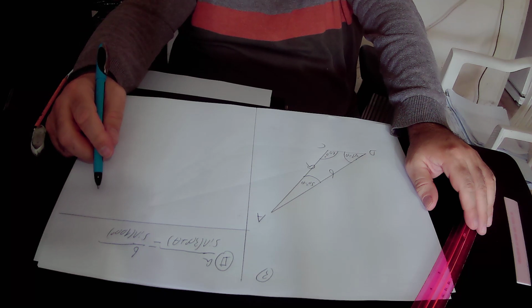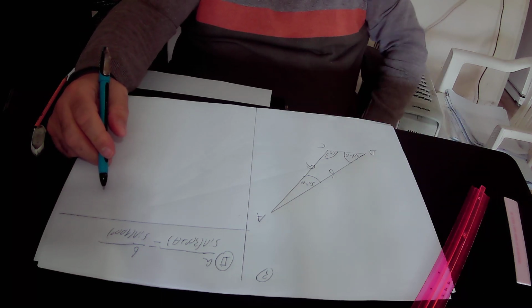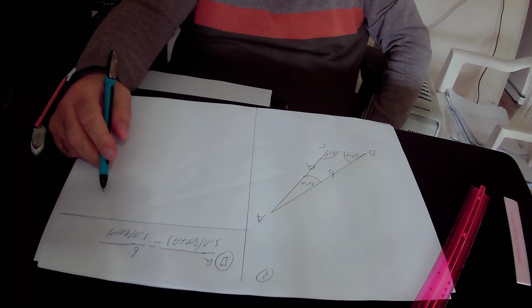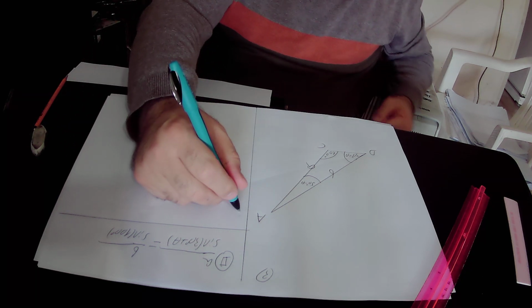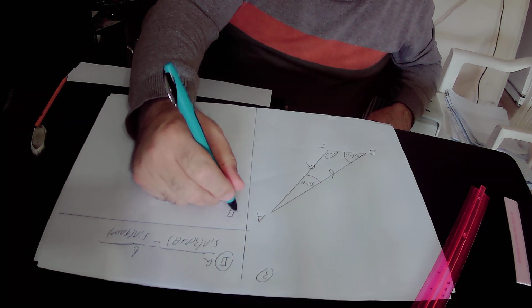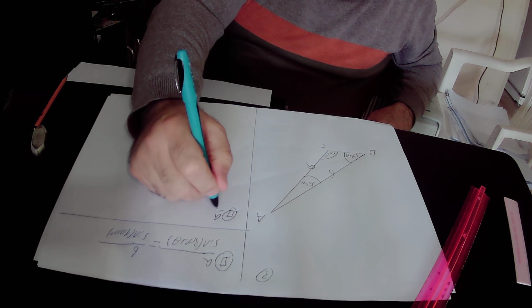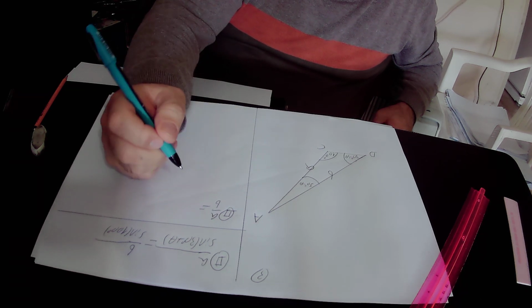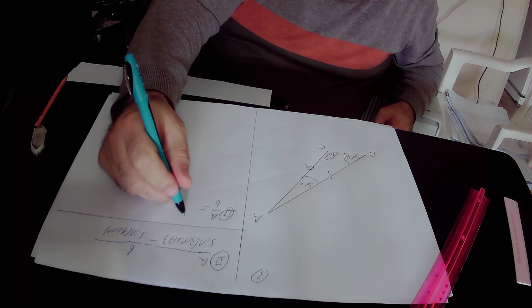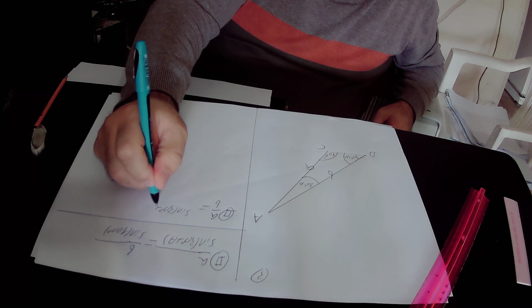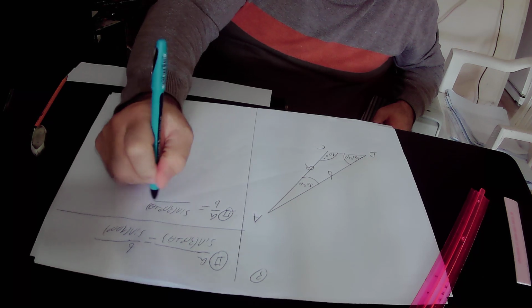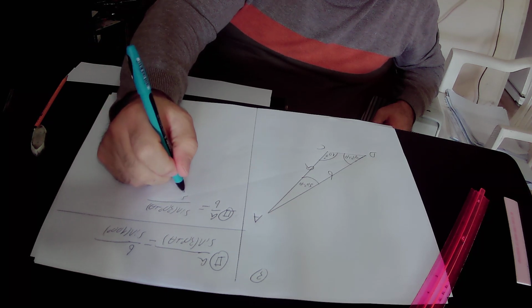So here we will divide equation number 2 by B, and then we will multiply it by sine 30 degrees plus theta, and we will get that according to equation number 2, A over B equals sine 30 degrees plus theta over sine 100 degrees.